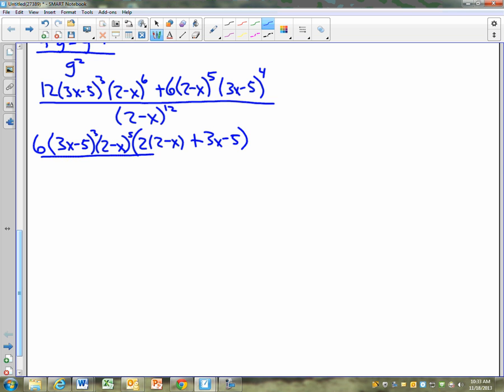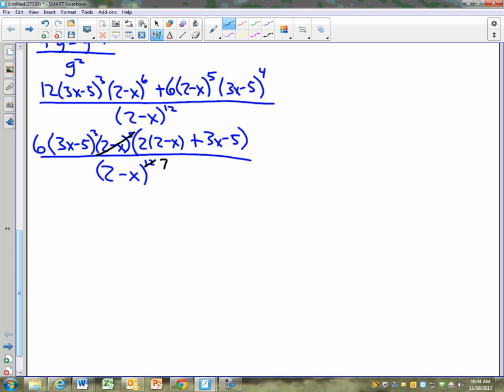And on the bottom you have 2 minus x to the 12. Awesome. The 2 minus x to the 5th and the 2 minus x to the 12th become 2 minus x to the 7th. So this will entirely go away.